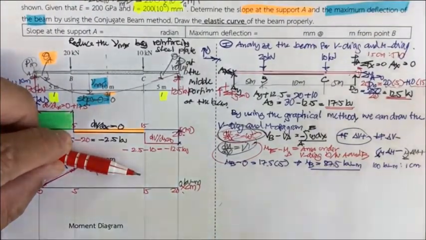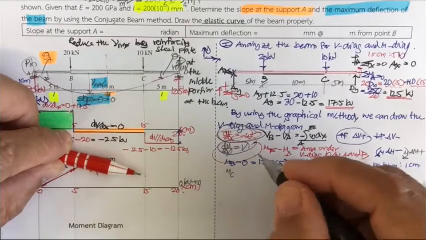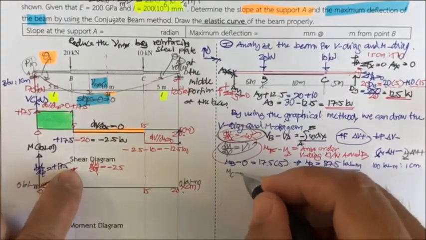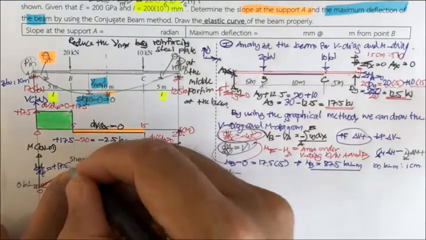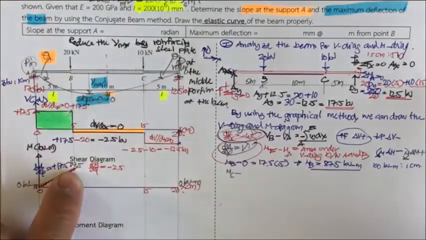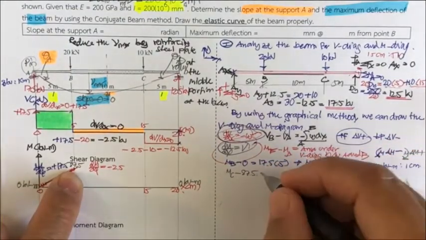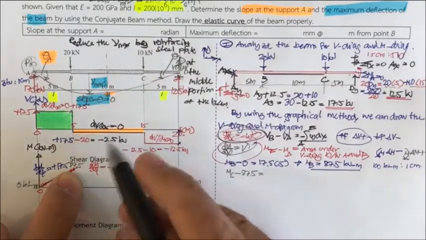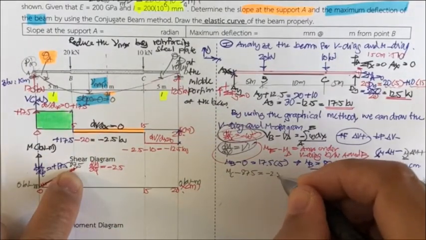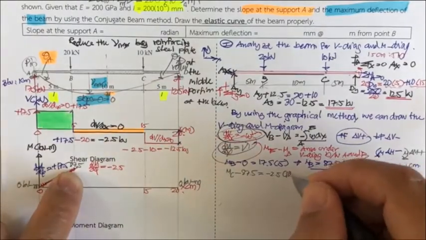And what is the moment here? You really don't know. Yes, moment here is at point C, M sub C. And this time it's going to be minus here. We got 87.5, and then it's going to equal the area here, which is minus 2.5 times 10.